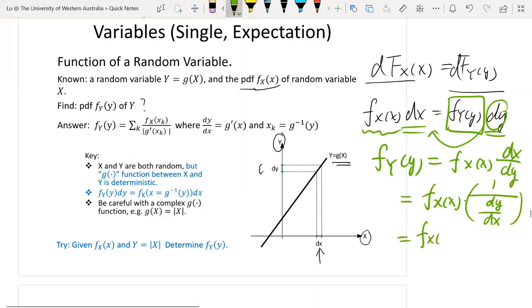Actually, dy over dx is the derivative of y with respect to x.